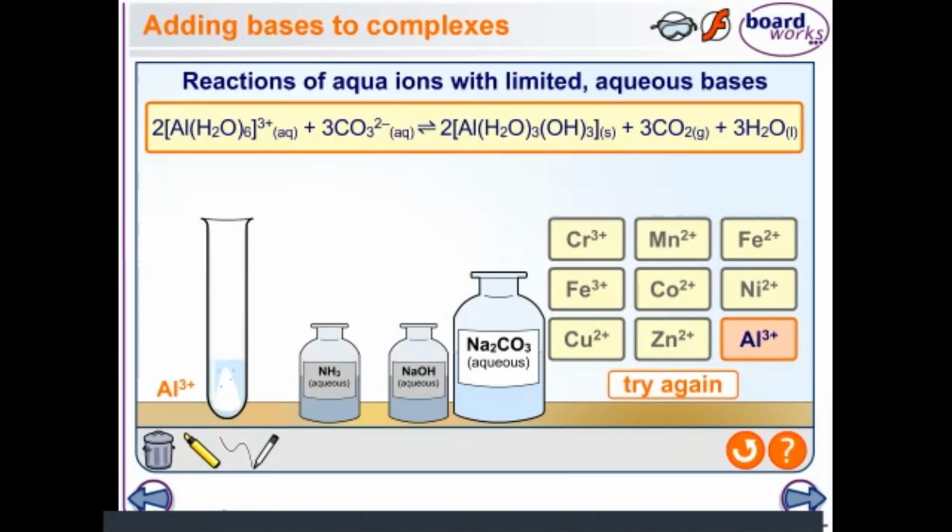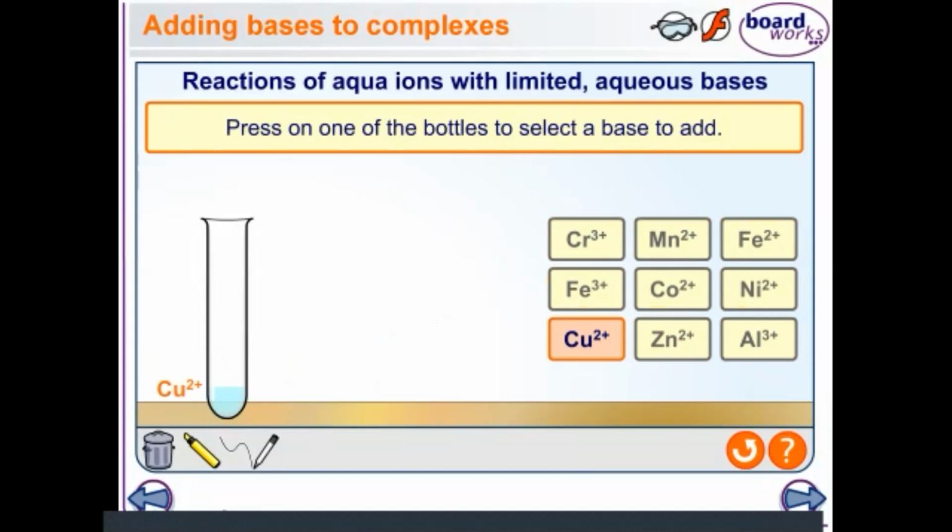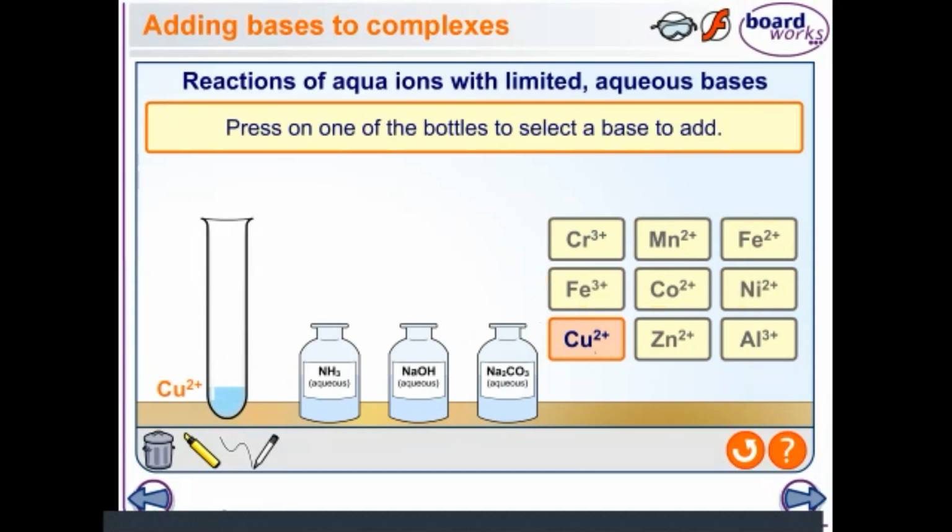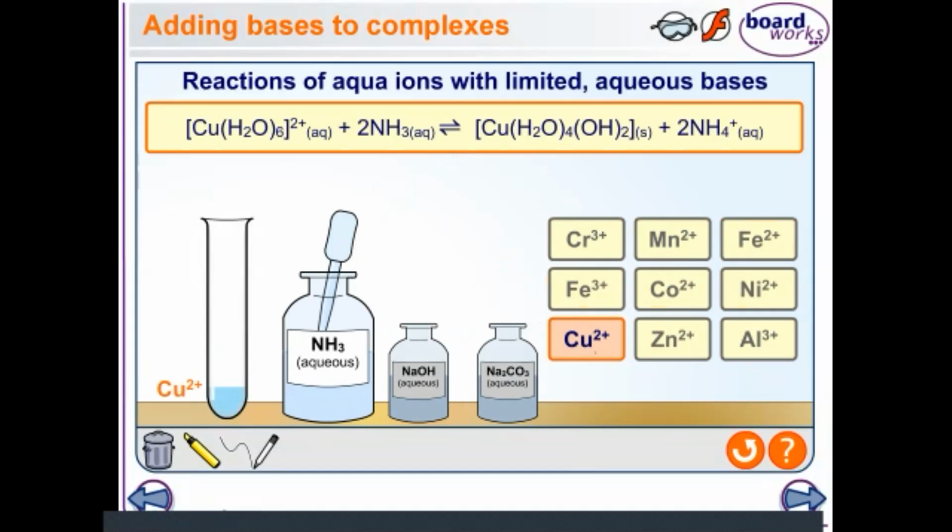Let's check copper 2 plus. This is the solution of copper 2 plus added with ammonia. Oh, it produced blue, right?